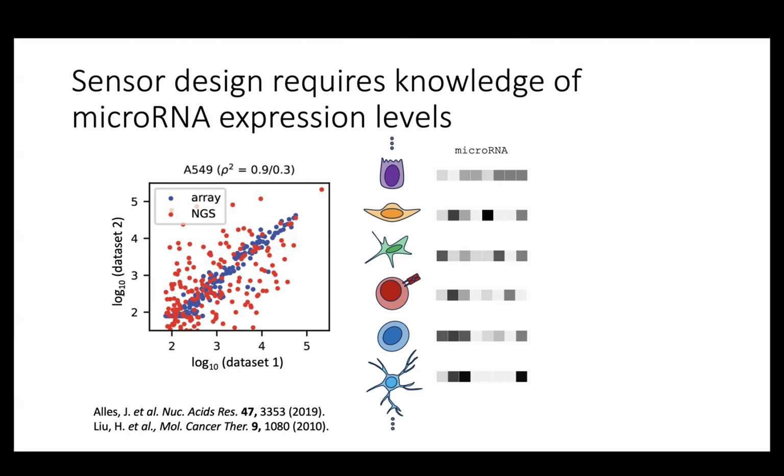This is really an artifact of how these microRNA levels are measured, and artifacts of sequencing library preparation, et cetera. So the first thing he had to do was go through all these data sets and find a subset that did correlate well and that we could use as a ground truth for the microRNA levels.